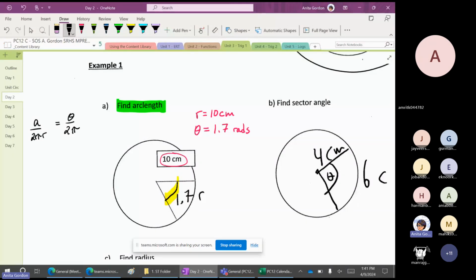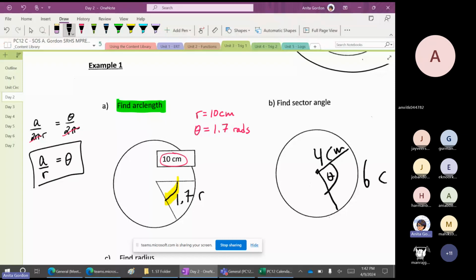Both of them have a 2 pi in the denominator. Let's just simplify. They're both in the denominator, therefore I can just cross them off. Because the way that I'm going to solve for A is I'm going to have to multiply both sides by 2 pi, and they're going to end up going away anyway. So let's just simplify. This means that A over r equals theta.